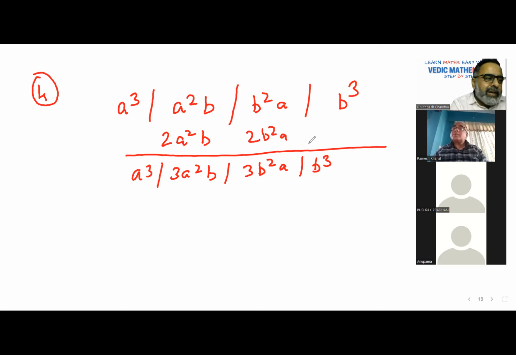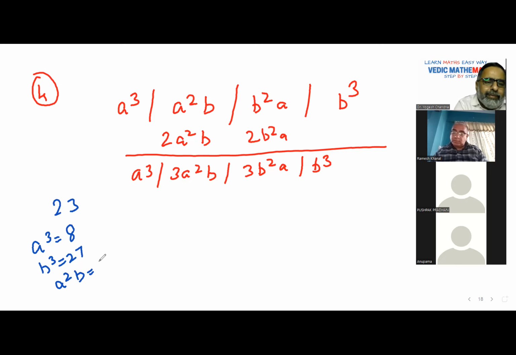Let's take an example, 23. What is A cube? 8. What is B cube? 27. What is A square B? A is 2, so A square means 4 into 3, 12.